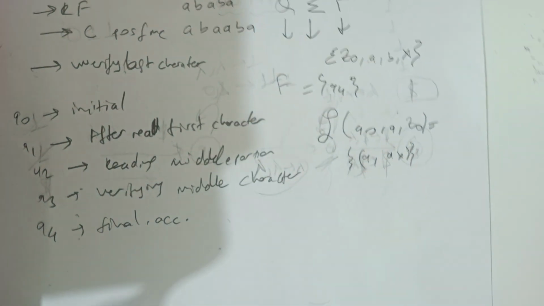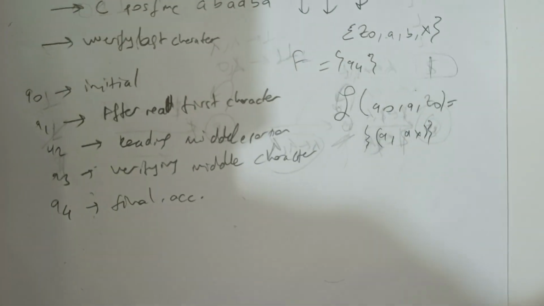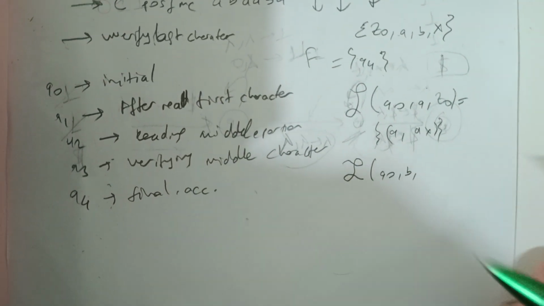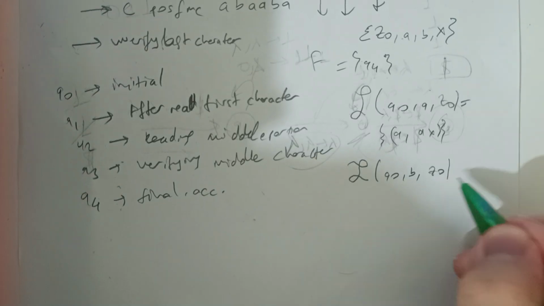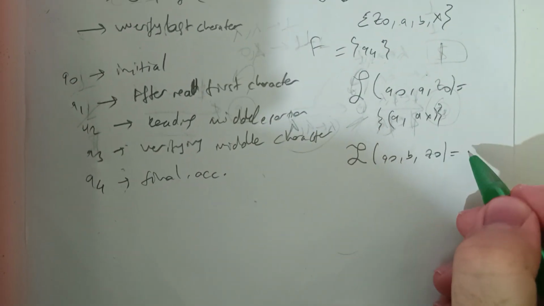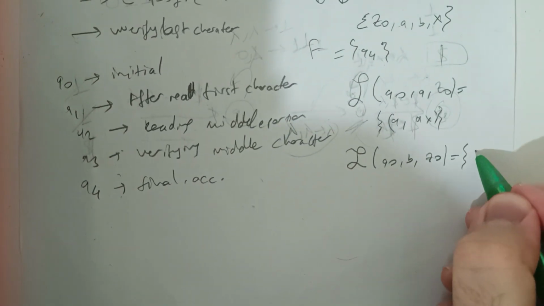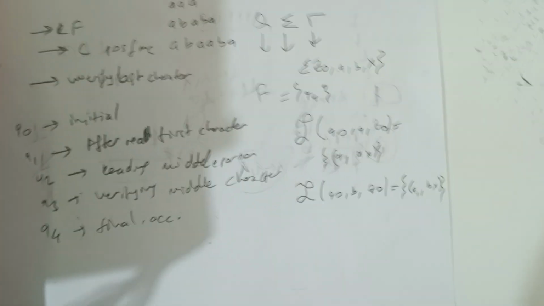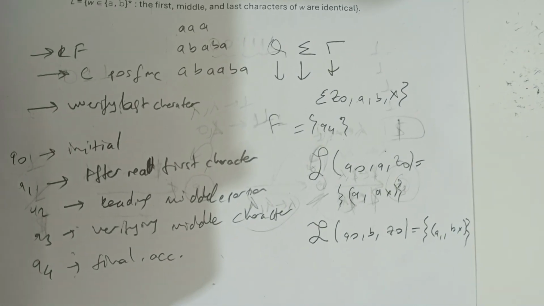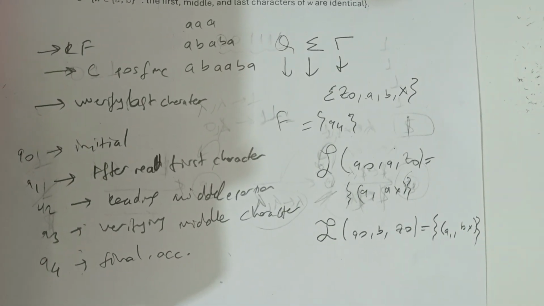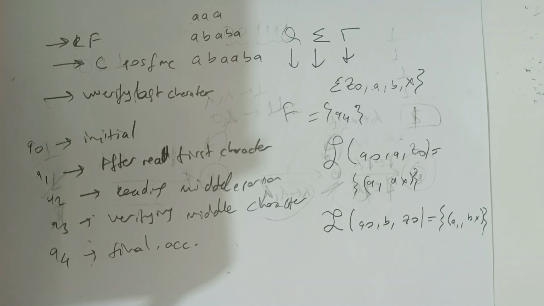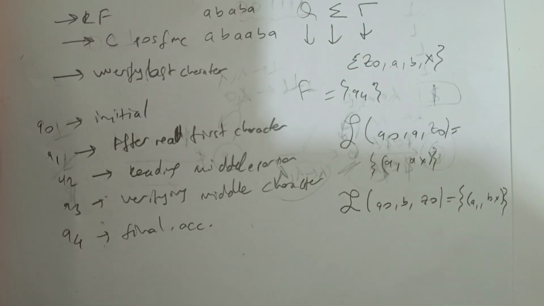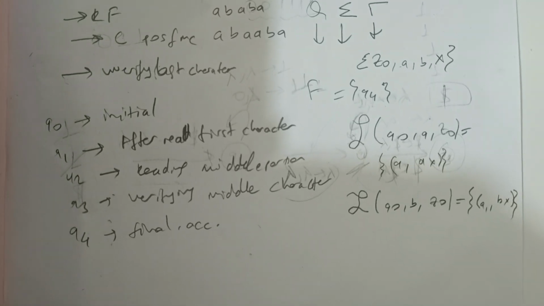If you read B, Q0, B, Z0 goes to Q1, BX. Then the length counter on the stack.